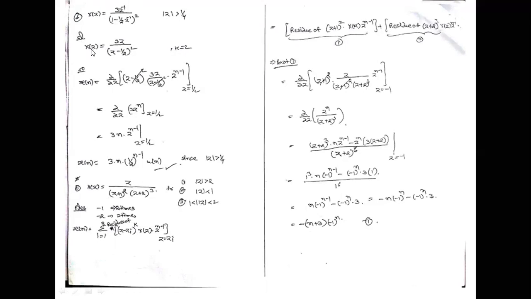For the given function x of z, convert it to positive powers. Take z inverse as common in the denominator function: 1 by z inverse minus 1 by 2. 1 by z inverse is z here, and 1 by 2 because z inverse is already there.